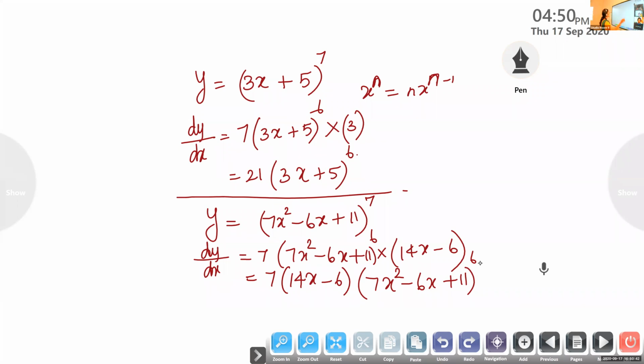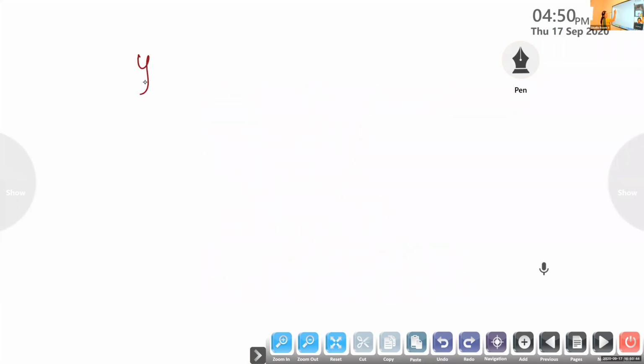Y is equal to root of 2x square minus 3x plus 7. What is meant by root?